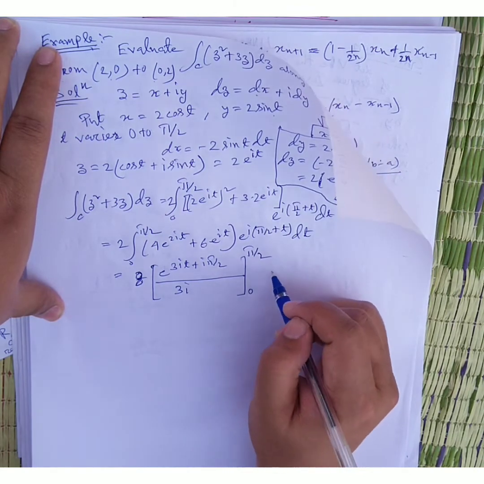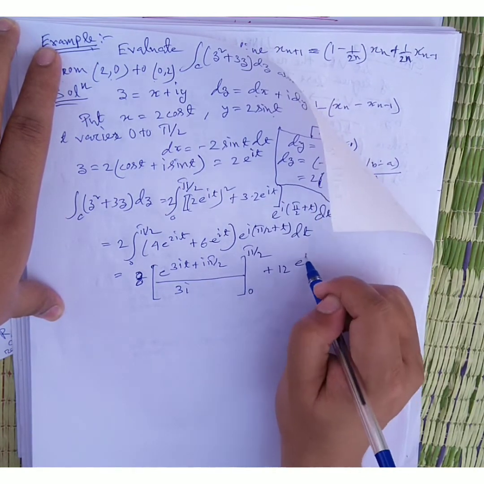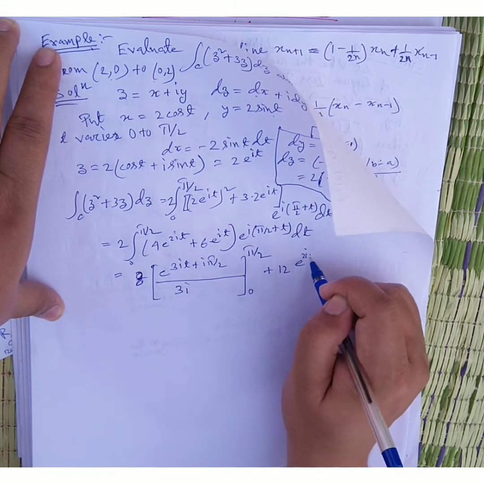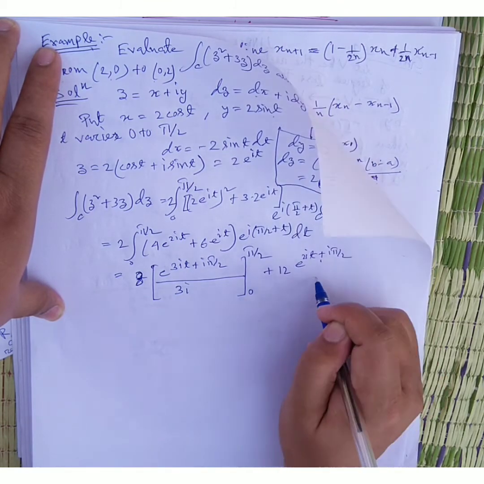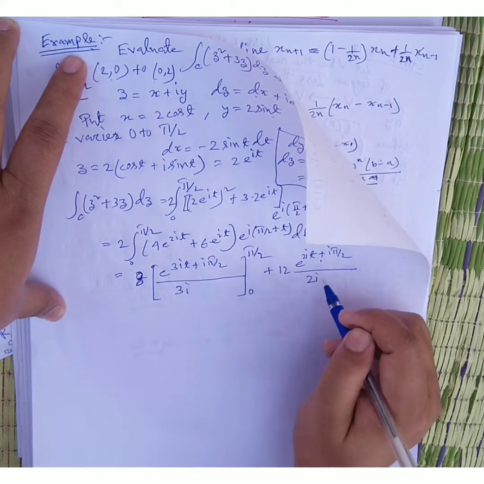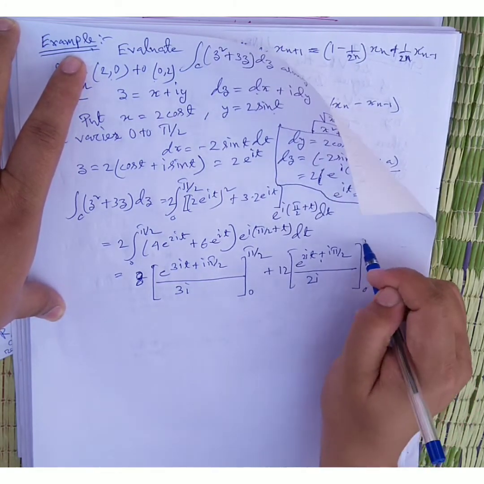And again 12 into e to the power 2it plus i pi by 2 divided by 2i, from 0 to pi by 2.